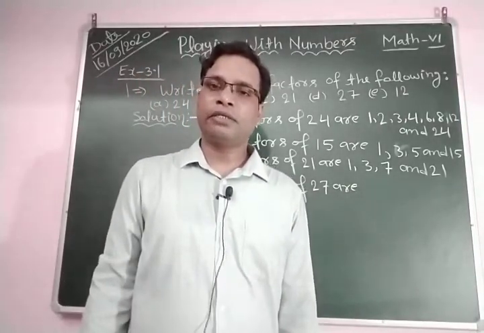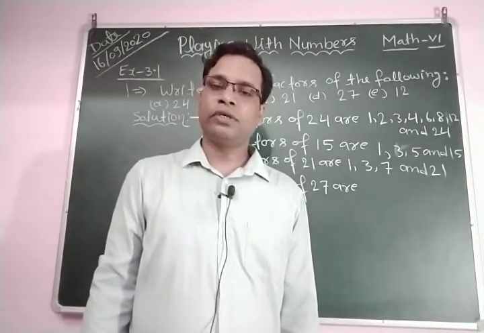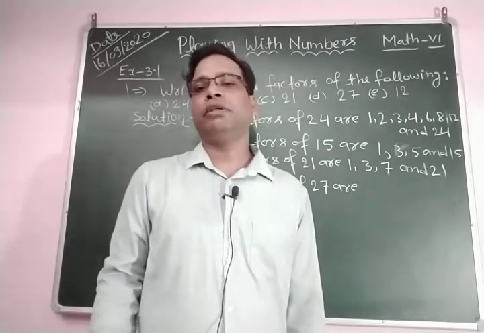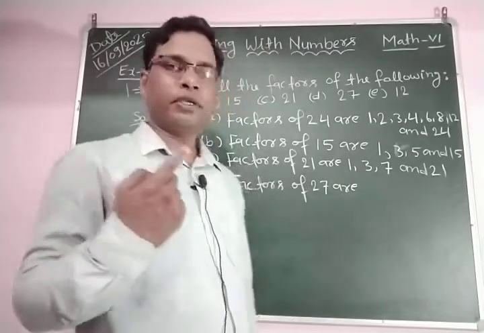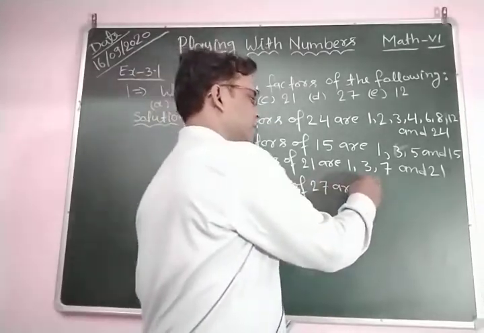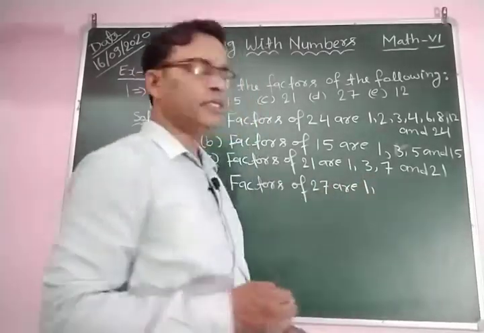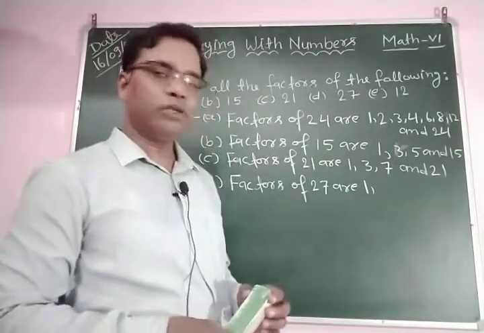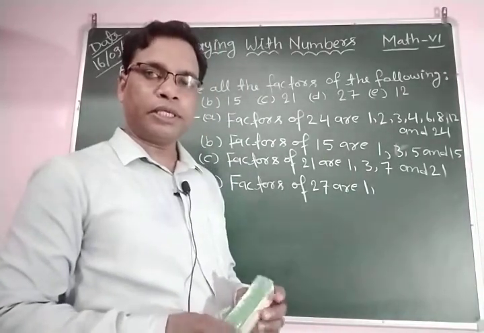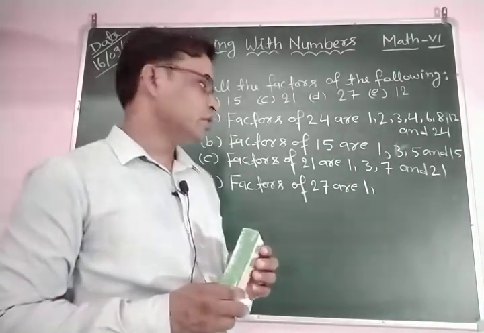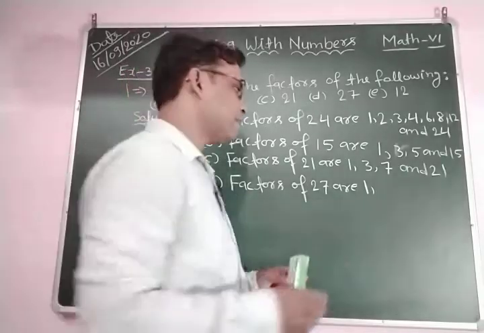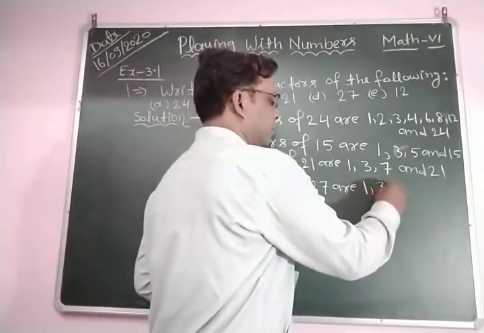So what are the possible numbers that divide 27? 1 divides every number, so 1 is a factor of 27. First is 1. After this, 27 is divisible by 3. It means that 3 divides 27, so 3 is also a factor of 27.